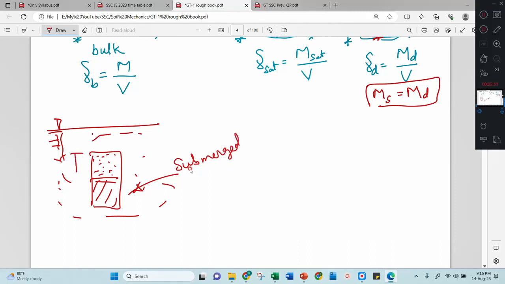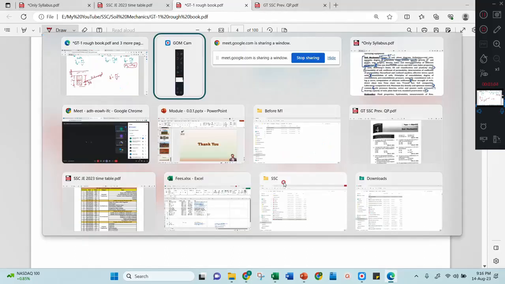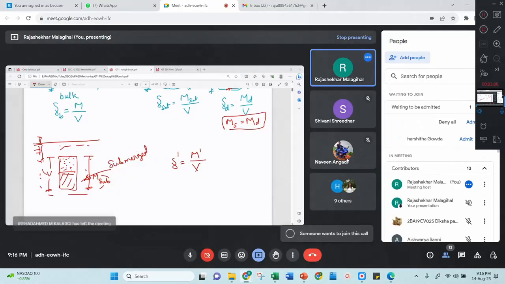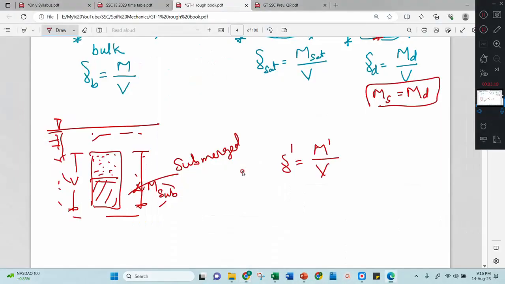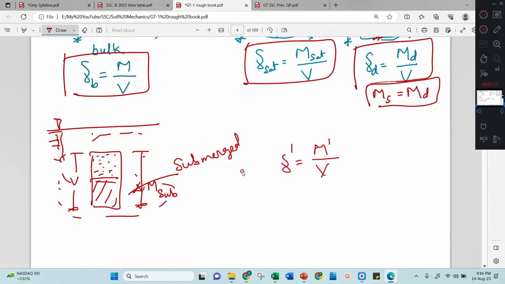Then this will also have a volume, and this will have some mass also. But this mass is the submerged mass. Therefore gamma dash is equal to m dash by v. Right? Now we have got these definitions: bulk density, saturated density, dry density, and submerged density.